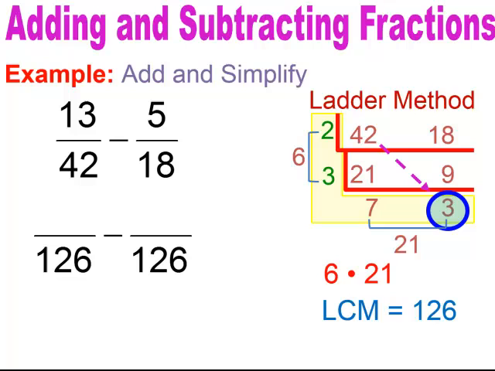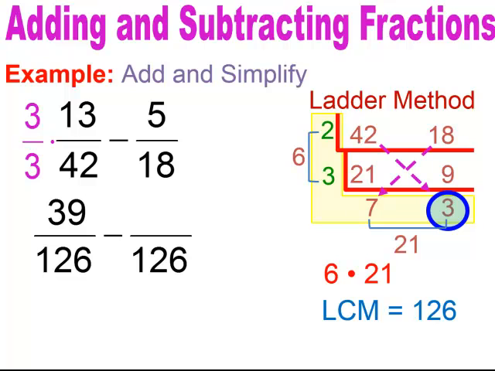So 3 times 42 will give me 126, which is the common denominator I want to have. So I'm going to multiply the denominator and the numerator by that bottom diagonal number. So now I end up with my converted fraction as 39 over 126.